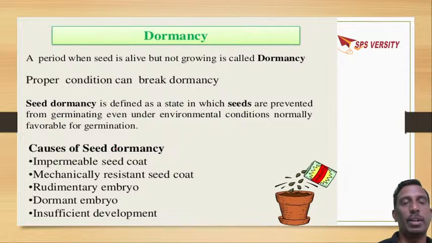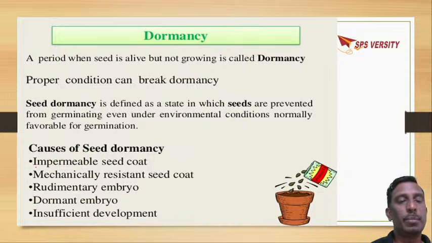Even though they are provided, it will not germinate. Okay. Dormancy की causes क्या है? Impermeable seed coat. Impermeable means the seed coat will not allow any water or oxygen.